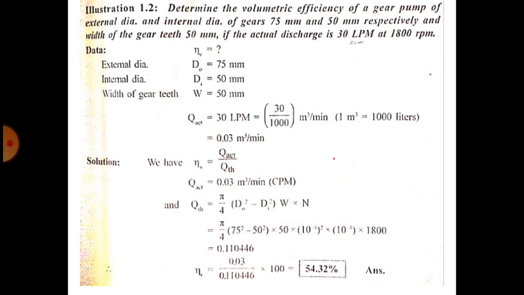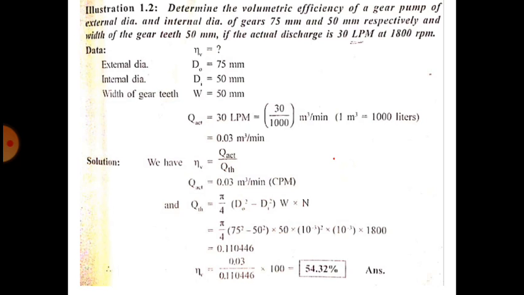Actual discharge is given 30 liters per minute. If you convert in meter cube per minute, it will become 0.03 meter cube per minute. So 30 liters per minute, if we divide by 1000, that is converted into meter cube per minute, because 1 meter cube is equal to 1000 liters.